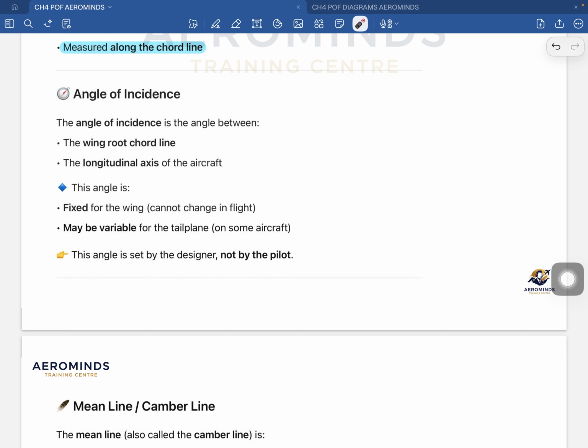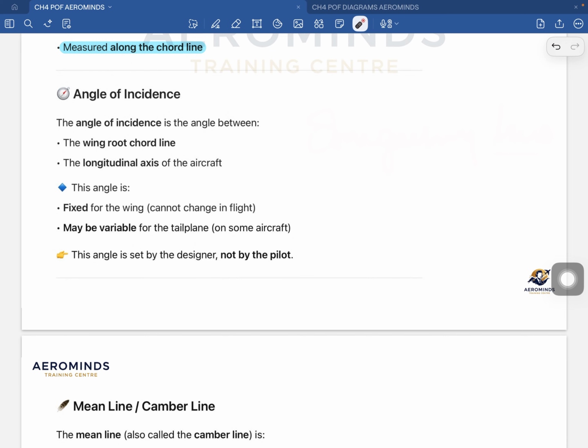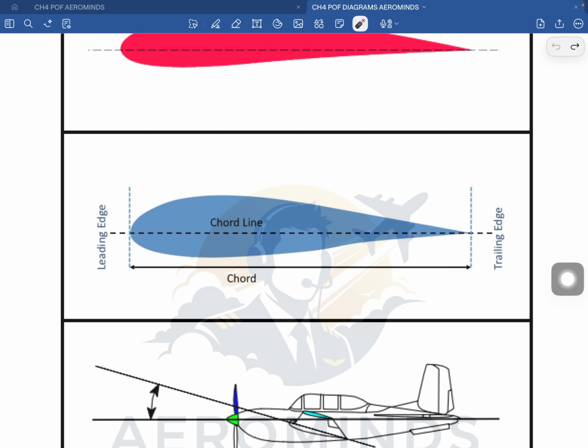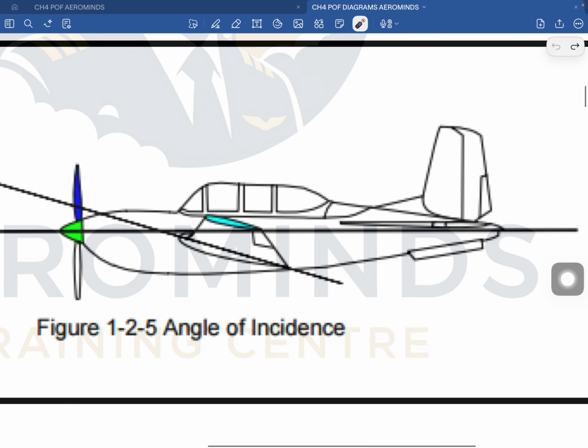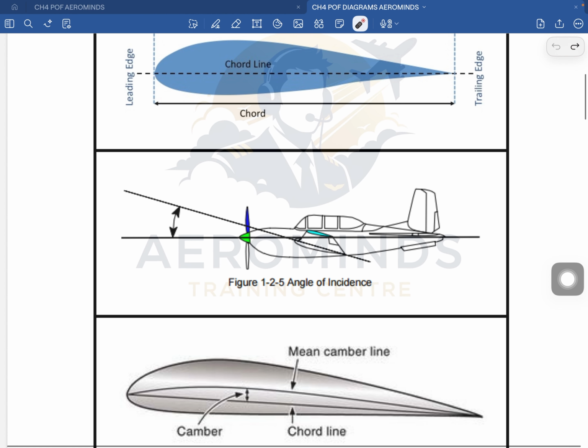The longitudinal axis is again an imaginary line, running from the nose to the tail of the aircraft. Suppose we have an aircraft, the line running from the nose to the tail is known as the longitudinal axis. Got it?